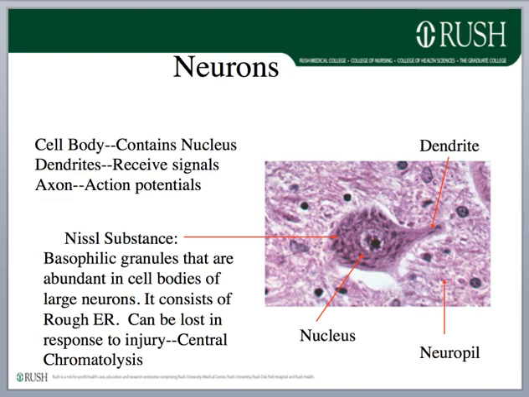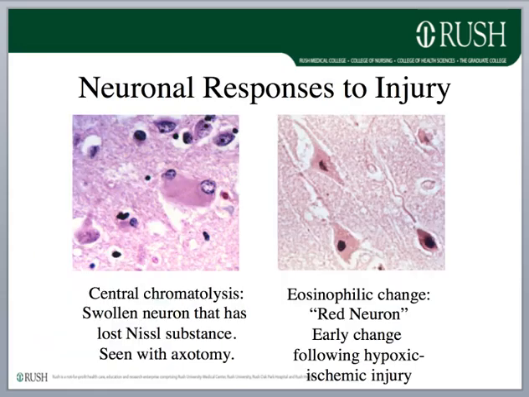This is the first term to explain what I meant by the CNS having its own terminology. The panel on the left shows an example of central chromatolysis, and notice how the cytoplasm has a homogeneous pink appearance, and the cell has lost that cytoplasmic basophilia because the Nissl substance is lost.